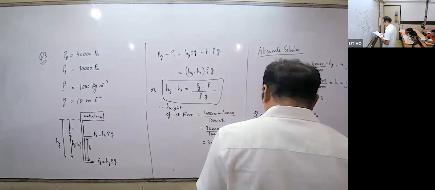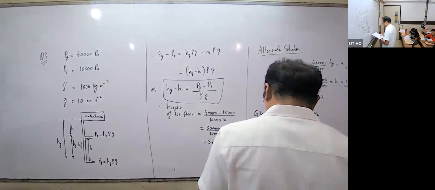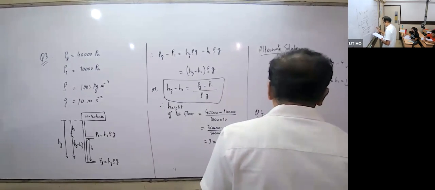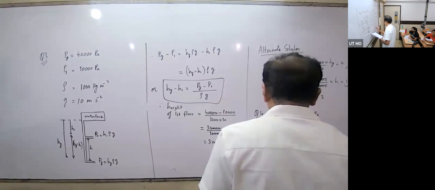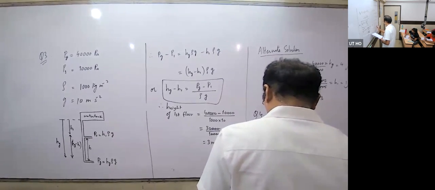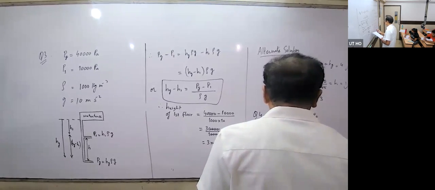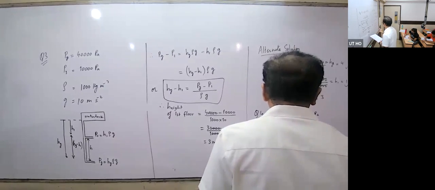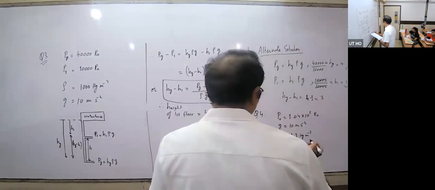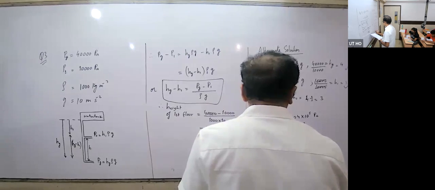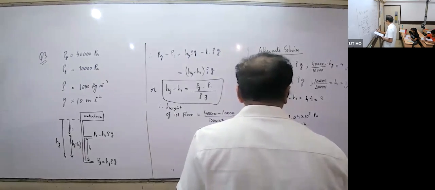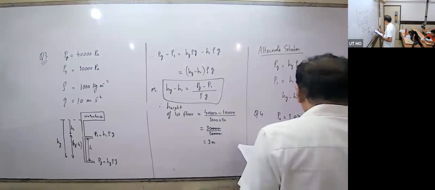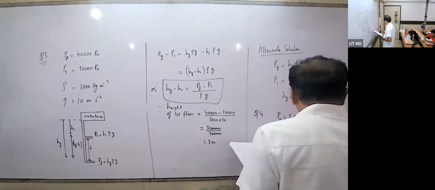And density of air, rho, is equal to 1.3 kg per meter cubed. Find the height of the atmosphere. So H is equal to... P naught will be equal to H rho G. This will give height is equal to P naught upon rho G.